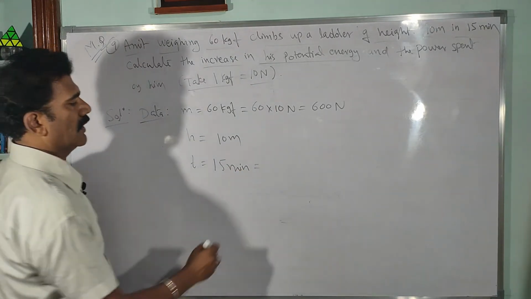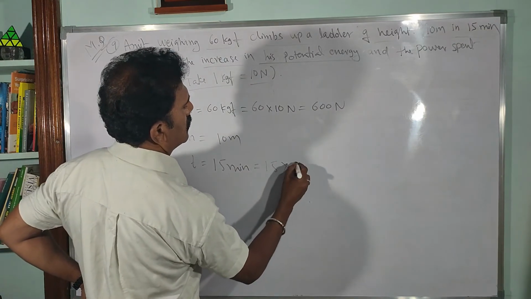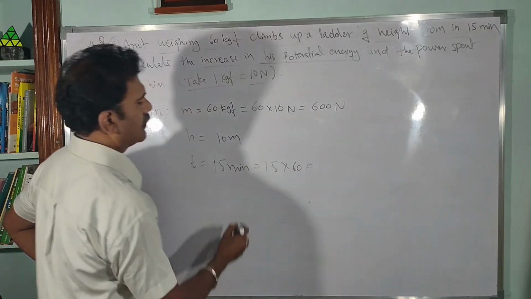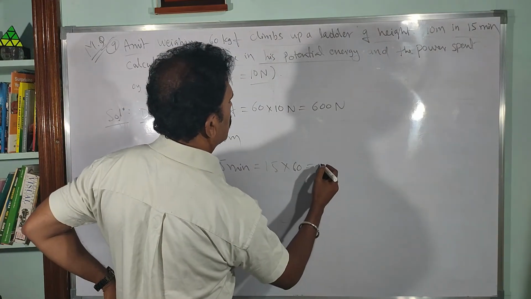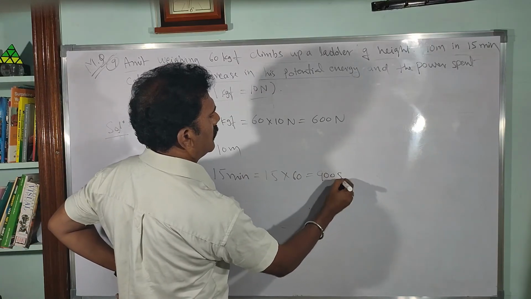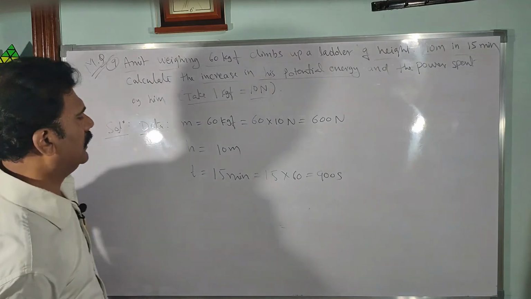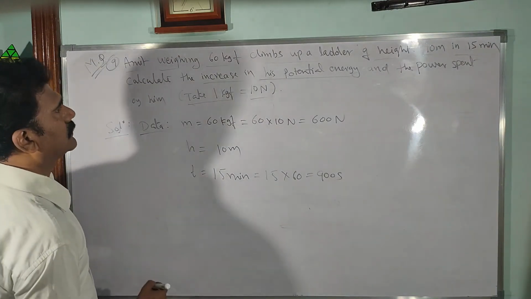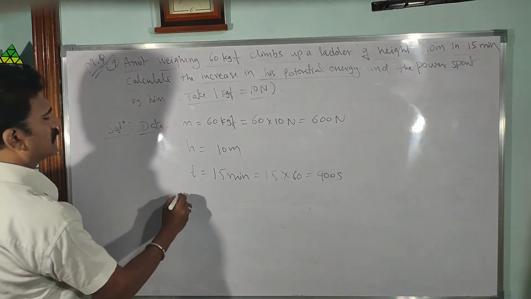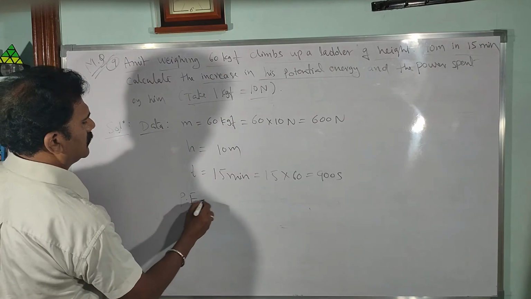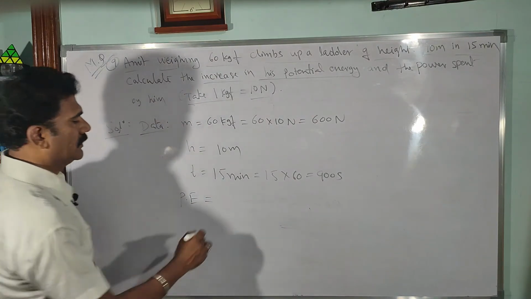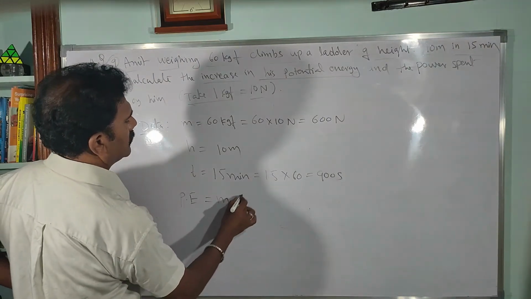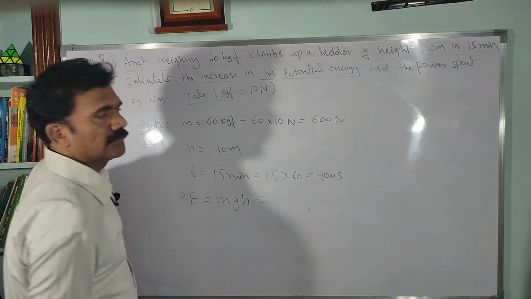So convert it to seconds. 15 into 60, since 1 minute is equal to 60 seconds. So that is equal to how much? 15 into 60, 900 seconds. Then it is asked to calculate first the rise in potential energy. You know the formula for potential energy, M into G into H, right?